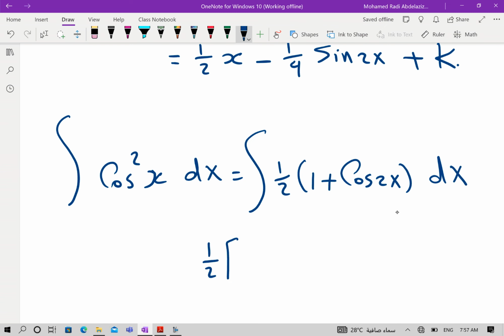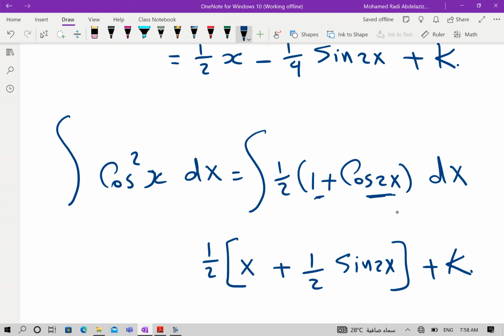Half, integrate of 1 is x plus integrate of cosine 2x, 1 over 2 sine 2x, then write k. That is the integrate of sine squared and integrate of cosine squared.